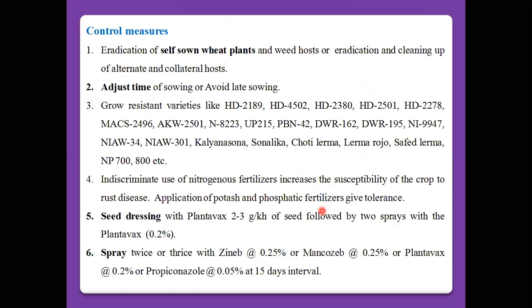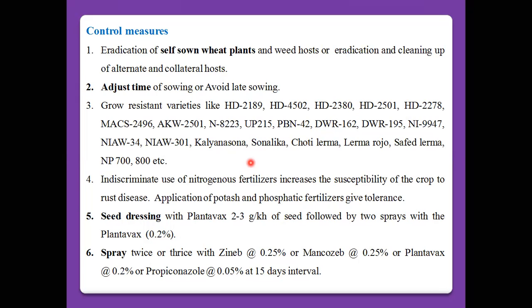Okay, then the last one, how to control these three types of rust seen in the wheat crop. So first one, eradicate the self-sown wheat crop seen in the plain area of Maharashtra as well as the hilly areas, because primary infection takes place through these grasses or alternate hosts present in that locality.